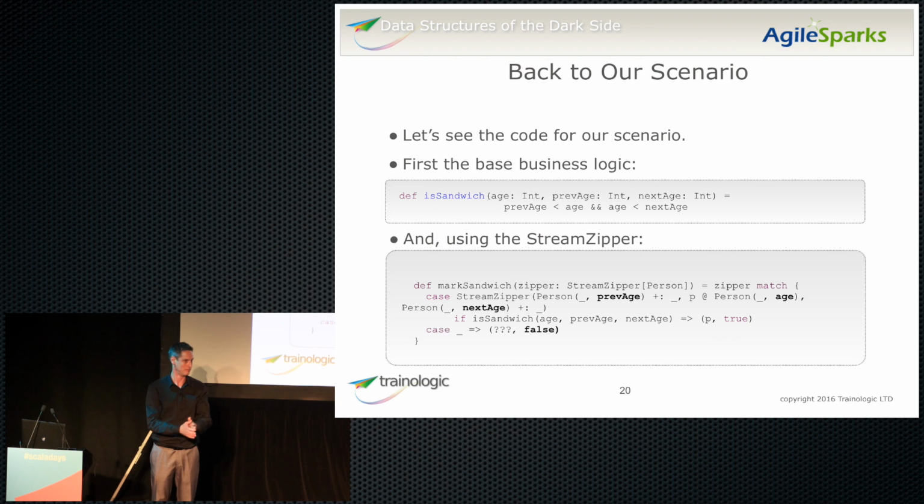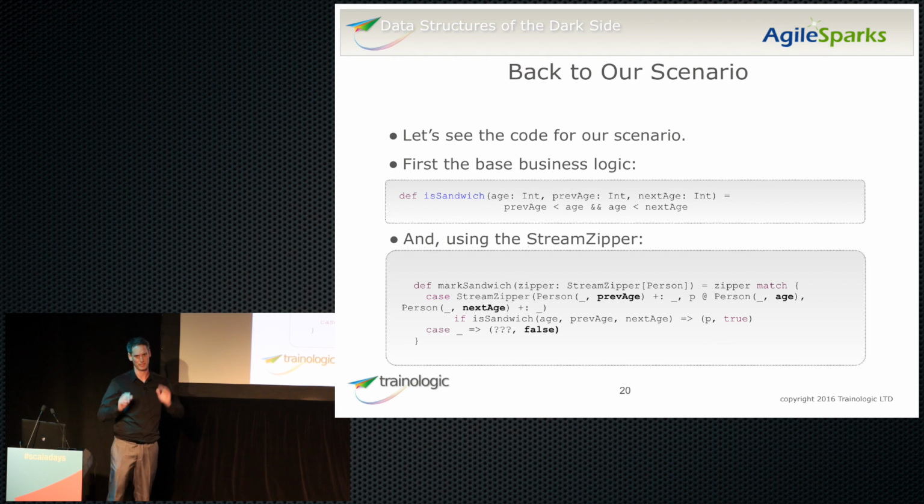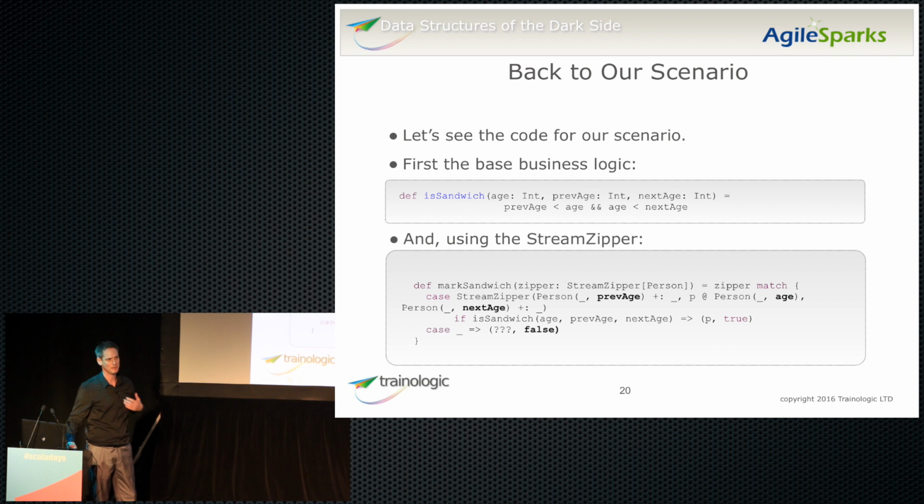Maybe many previous persons in that stream, but there must be at least one. If the left is nil, an empty stream, then go to the other case. And I'm only extracting the previous age. That's what I need for checking whether my age is greater than the previous age. Now, for the current, the focus person, I need the age for checking, and I will also need the person itself. Later we'll see how to get rid of it.